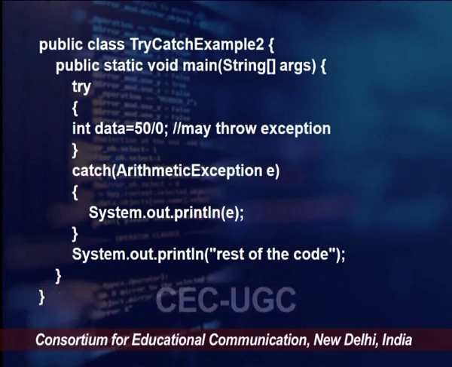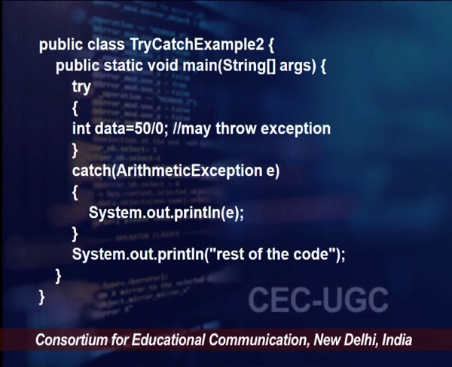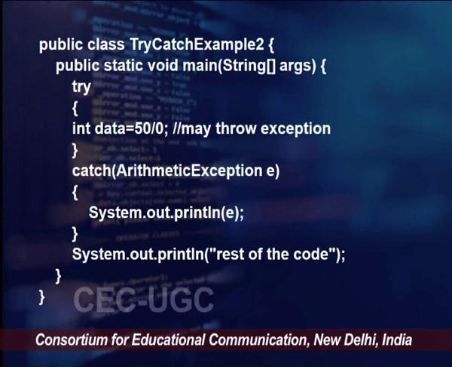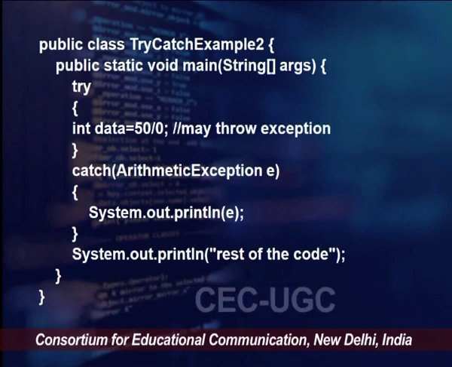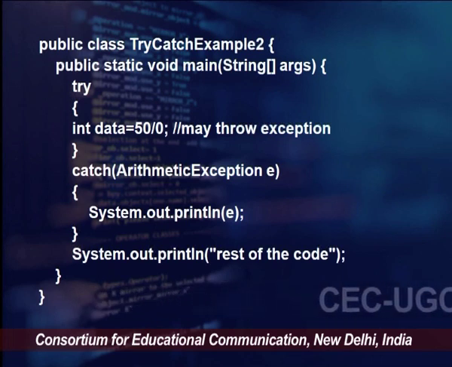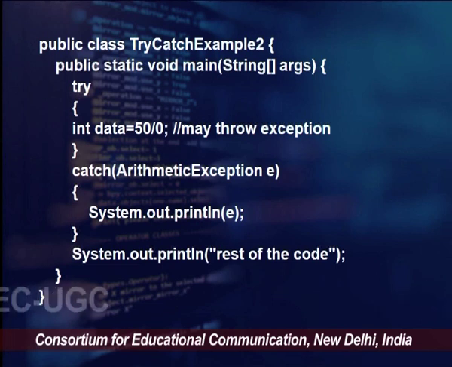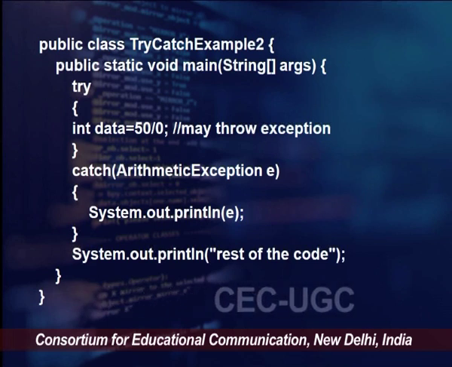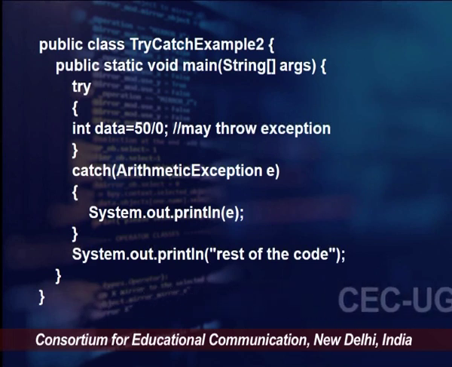That arithmetic exception is handled by the catch block written just after the try block, with the exception class ArithmeticException and the reference variable e. Whatever is inside that object will be printed when we print e, and then we have written the rest of the code.